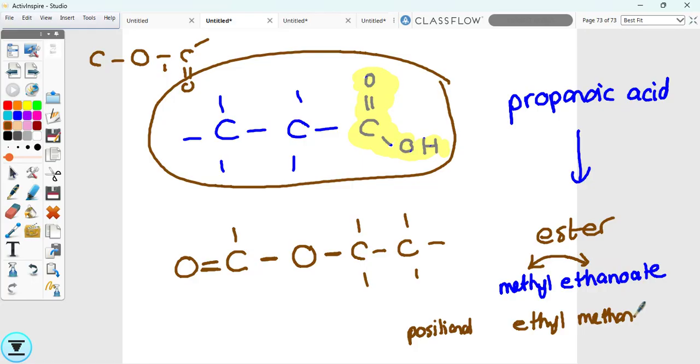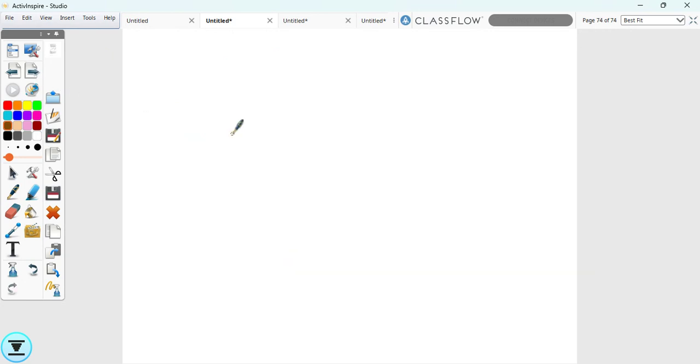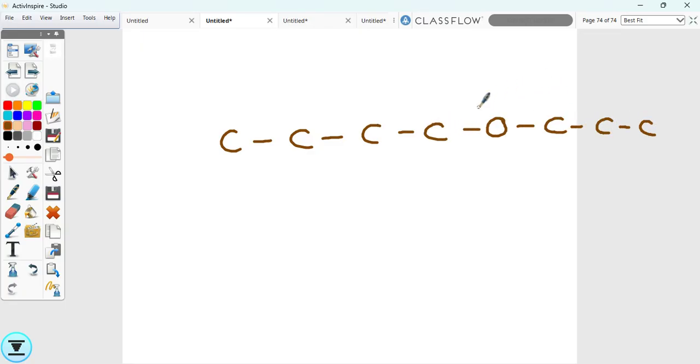It's the easiest one that they can ask you, because for a positional isomer of an ester, you just swap them around. If there are more than three carbons, then there are multiple options, because if you have 1, 2, 3, 4 and then an O and then 1, 2, 3, just give me a name for this ester, please.